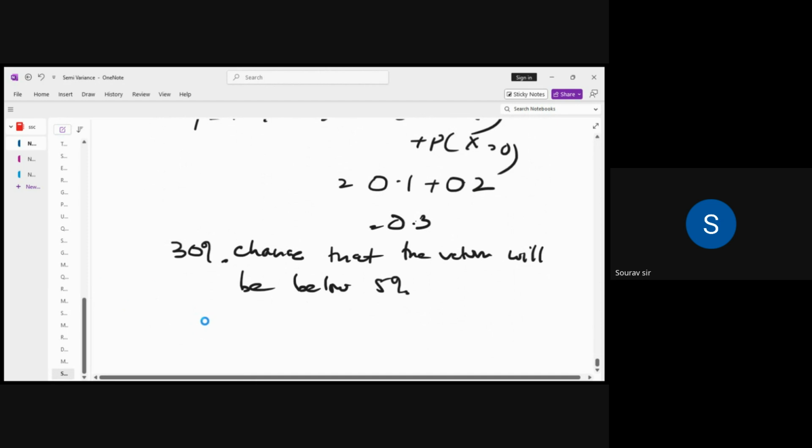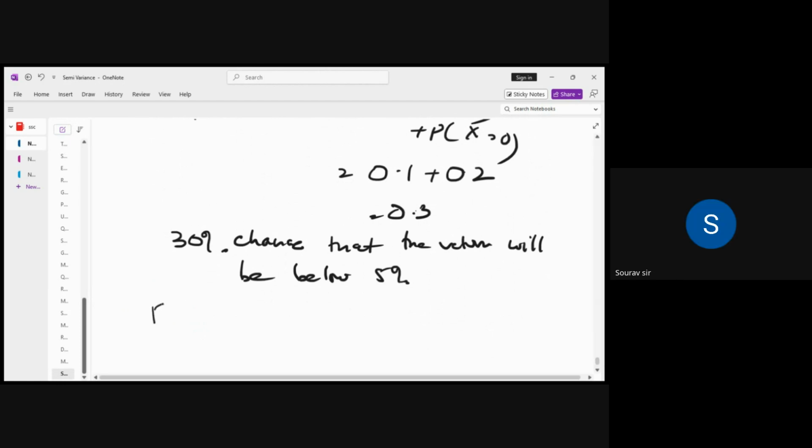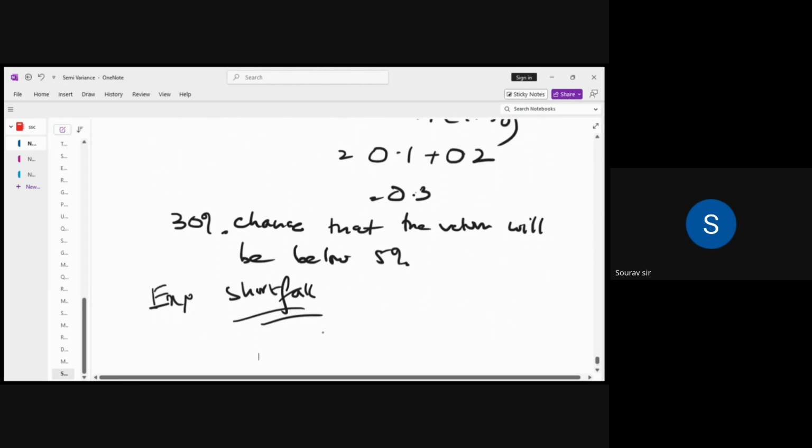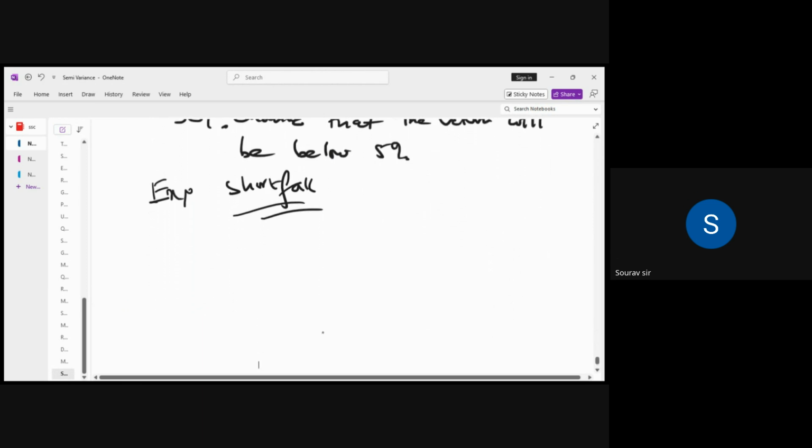For continuous it will be the integral, and for discrete it will be the expectation.